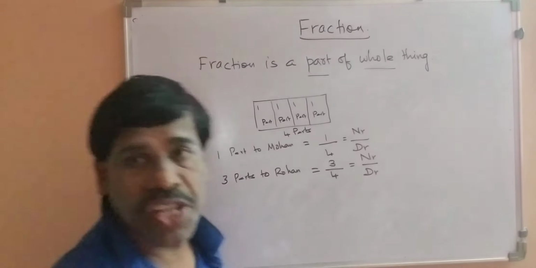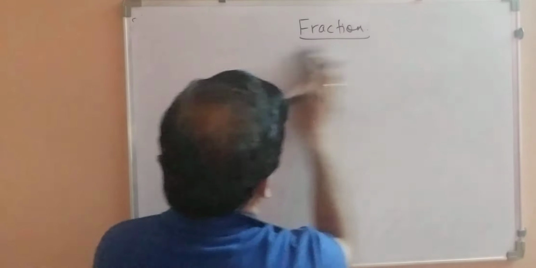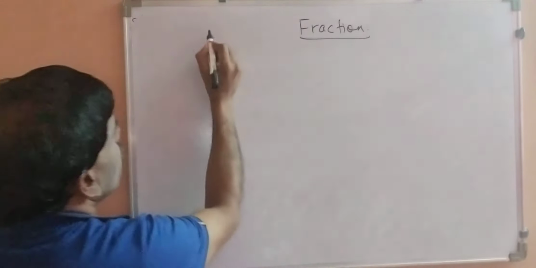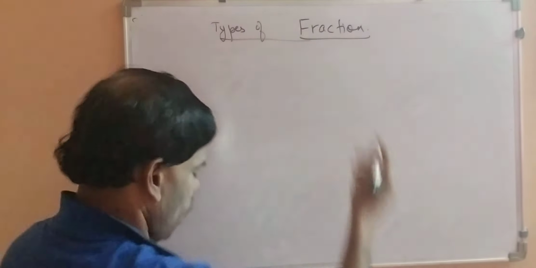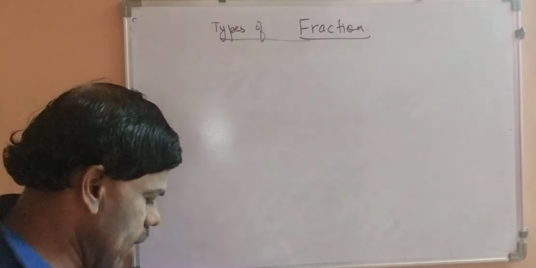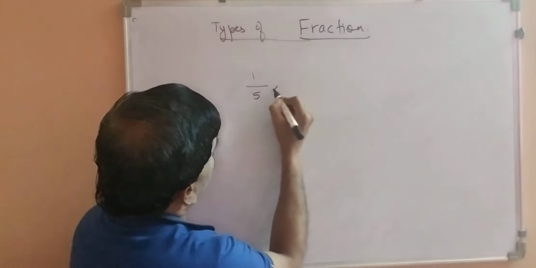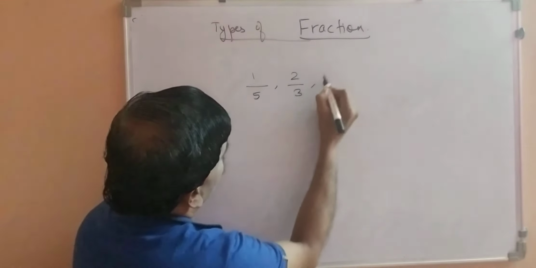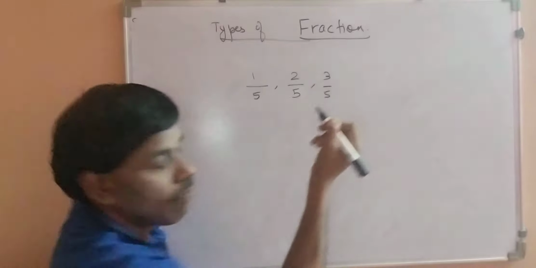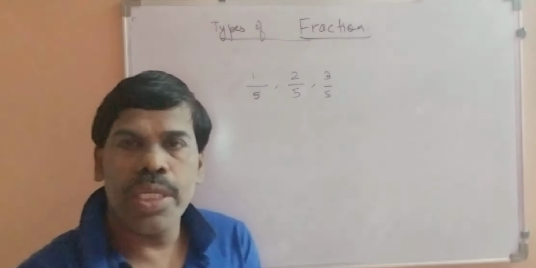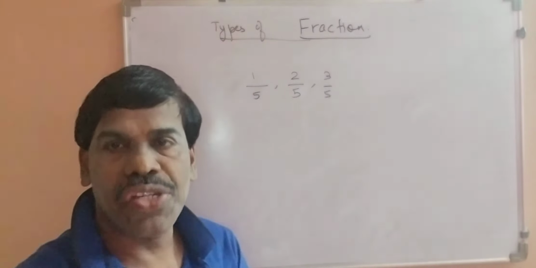Now, types of fractions we will see. Look at this: 1 upon 5, 2 upon 5, 3 upon 5. Here you see the denominator is the same in all the fractions.